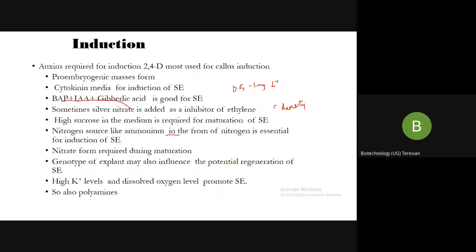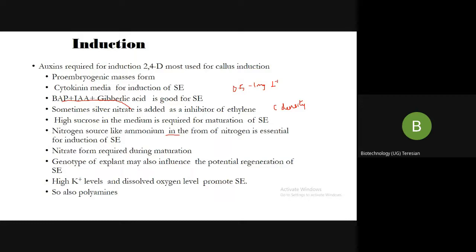Okay, your cell density also plays an important role. It is a critical factor for differentiation of somatic embryogenesis. In carrot plant, it is observed that high density culture on auxin-free media resulted in the inhibition of somatic embryogenesis.